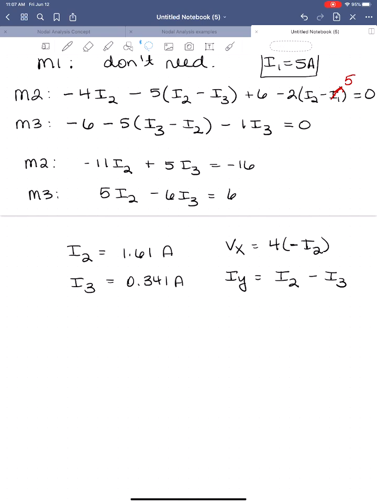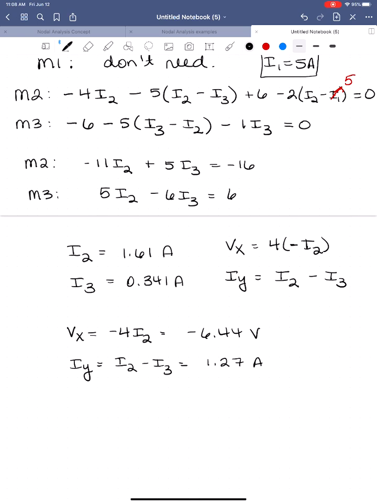So we will have Vx is equal to minus 4 times I2. And that will be minus 6.44 volts. And then Iy is equal to I2 minus I3. And that is going to equal 1.27 amps.